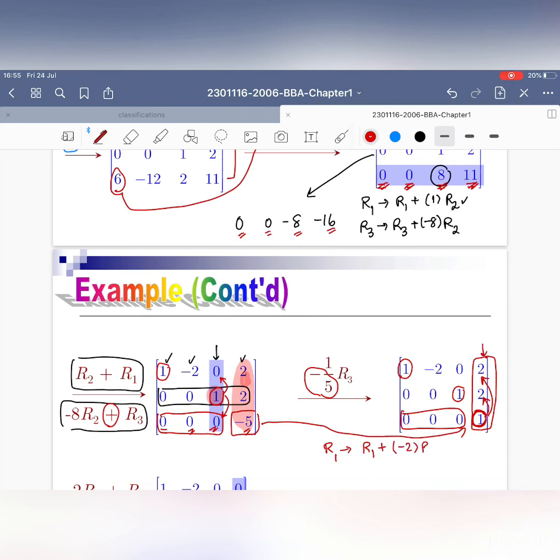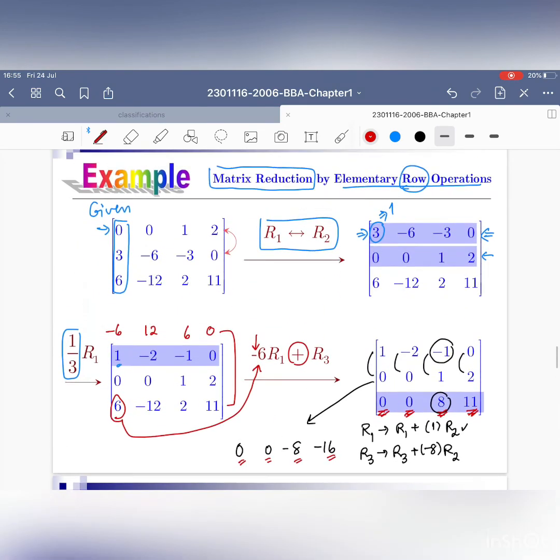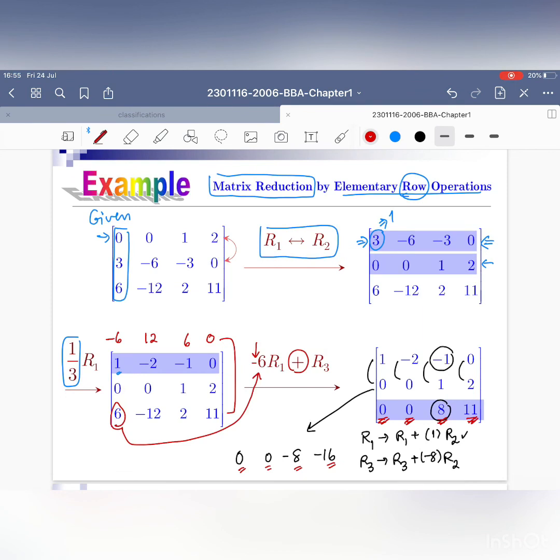So it is -2 R3, and your R2, you are going to change your R2 again by an opposite number with your R3. Okay, so let's put it this way. When you are taking care of the first position on your first column, the one that you use is only your R1.